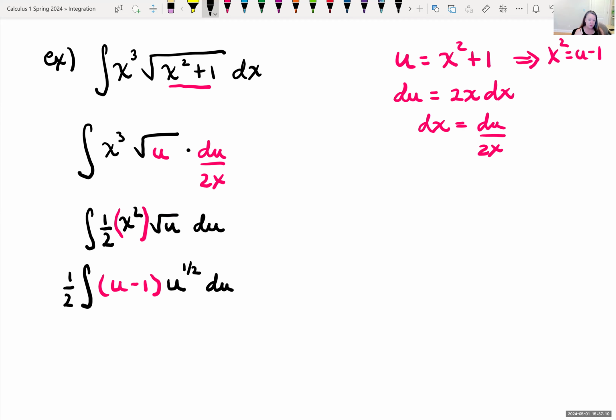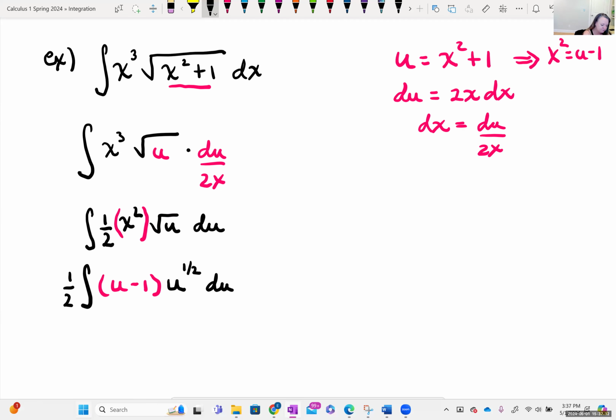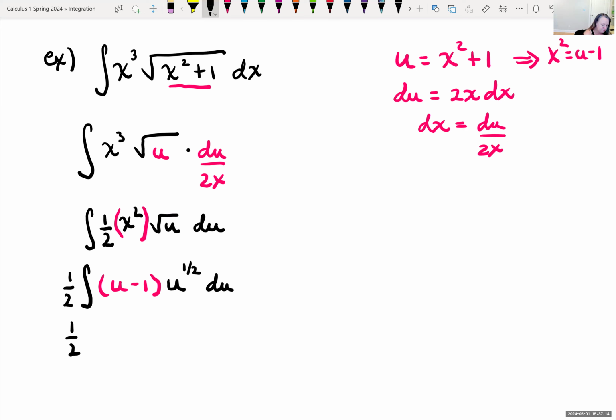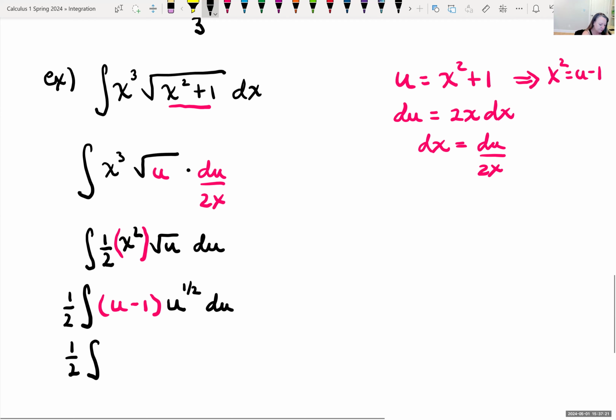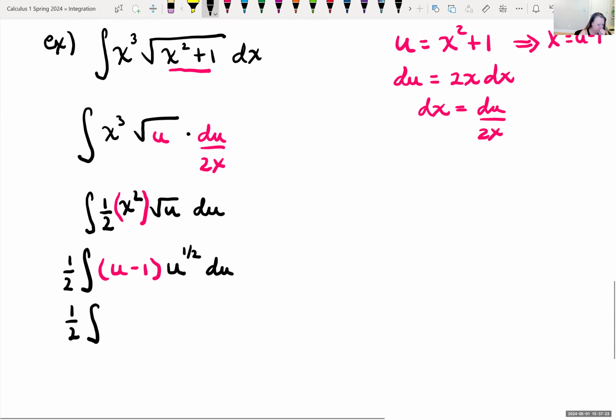So now we can distribute that u to the 1/2 power to each term inside the parentheses. Using rules of exponents, I'd be adding my exponents. So u to the 1/2 times u is u to the 3/2 power, minus u to the 1/2 power, du.